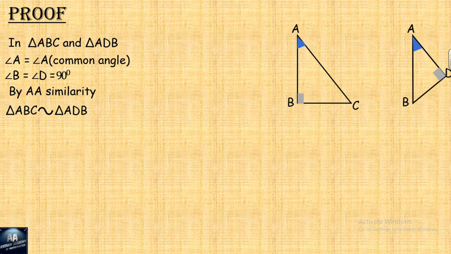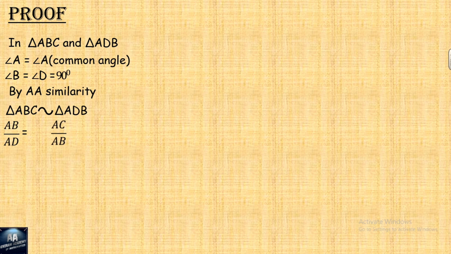We know that if two triangles are similar, then the corresponding sides will be in the same ratio. That is, AB by AD is equal to BC by DB is equal to AC by AB. From this, let us forget about BC by DB and consider AB by AD is equal to AC by AB.